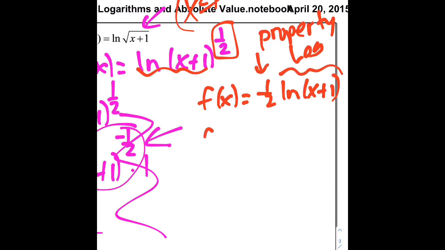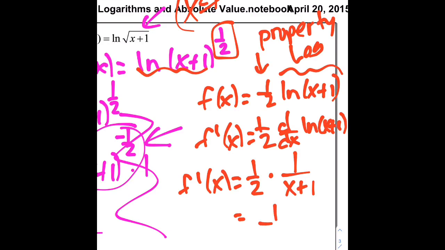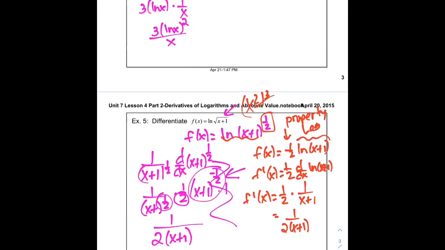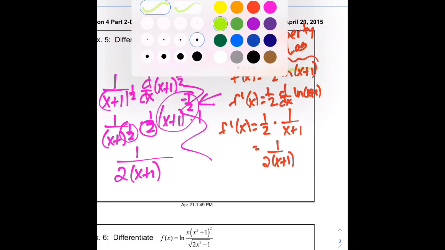When I differentiate, I can bring the 1/2 out by constant multiple rule. And then f prime of x is equal to 1/2 times 1 over x plus 1. And I get the exact same answer I did before. And in one woman's personal opinion, I feel like doing this algebra step was pretty life-changing.